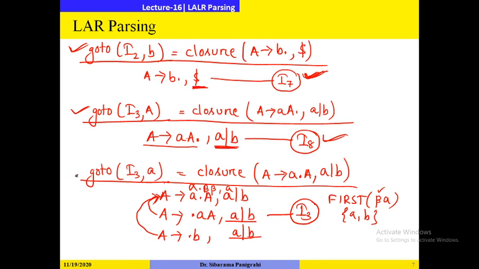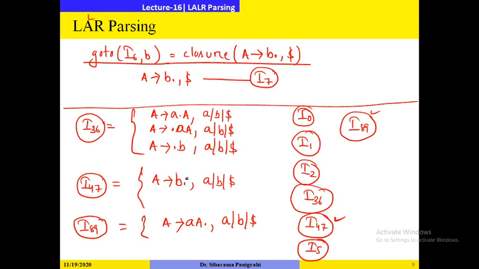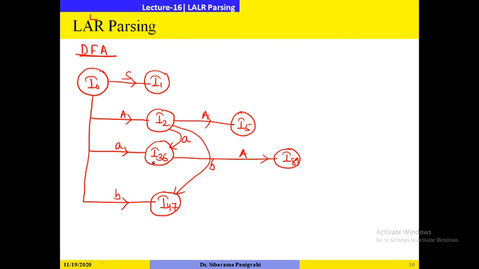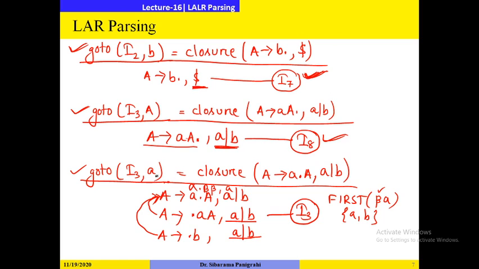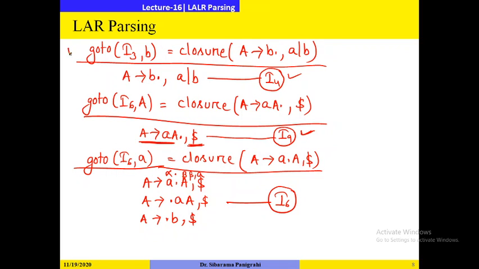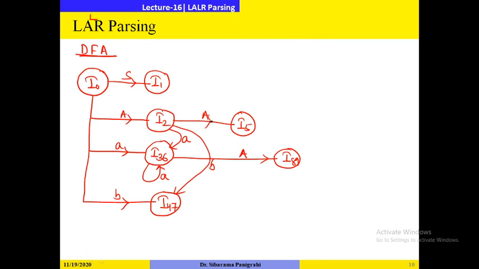Next, I3 by taking small a remains in I3. Next, I3 by taking B as input goes to I4, which means I47.